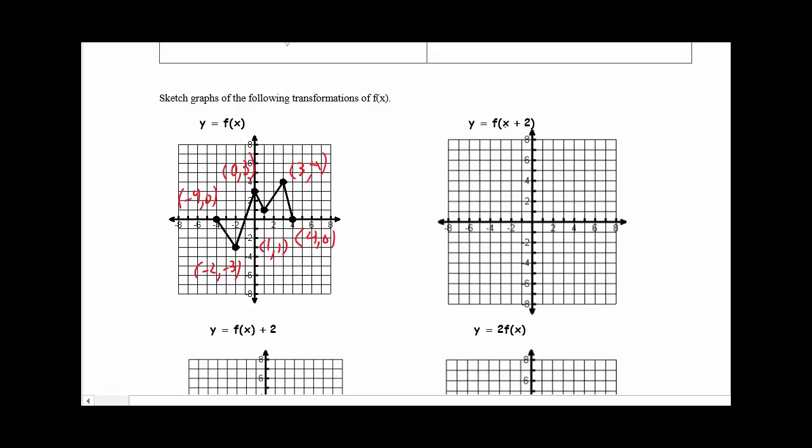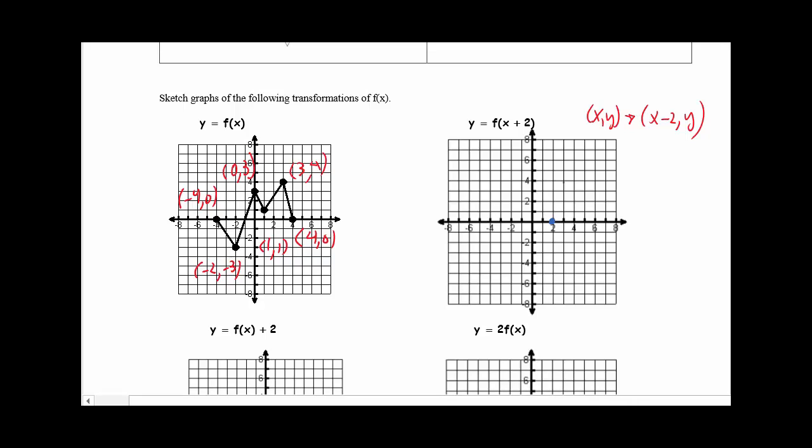So here we've got x plus 2, but it's on the inside. So mapping-wise, that would mean all of our x values are going to subtract 2, and the y's would stay the same. So in other words, I just want to move left 2 units. So instead of being at (4, 0), I'm going to go to (2, 0).